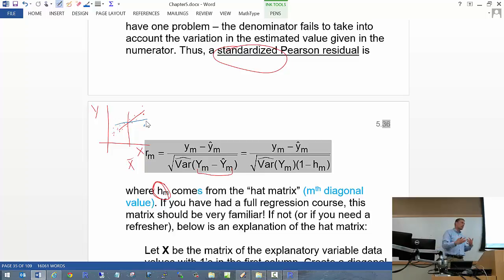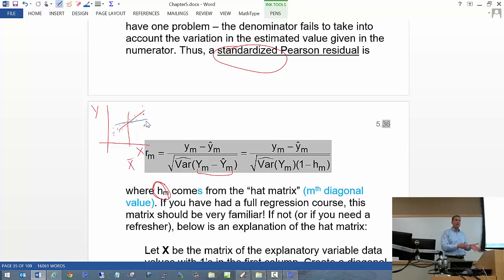And so this H has an important meaning in regular old regression analysis, which we would talk about more later. But for now, just understand that it's a measure of influence. How it's actually calculated depends upon using matrix algebra.